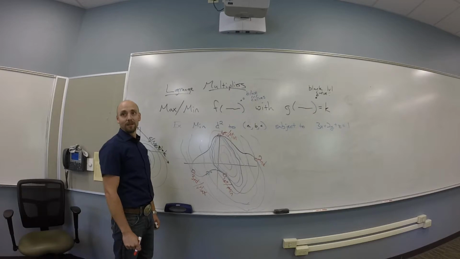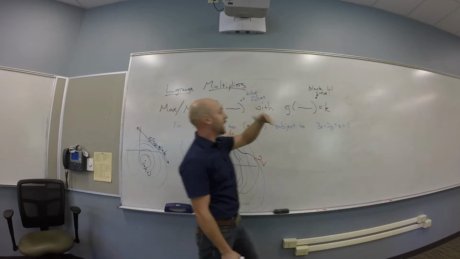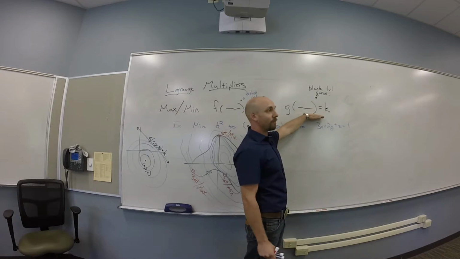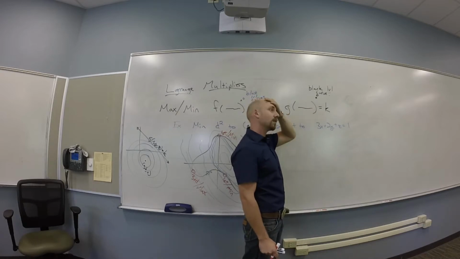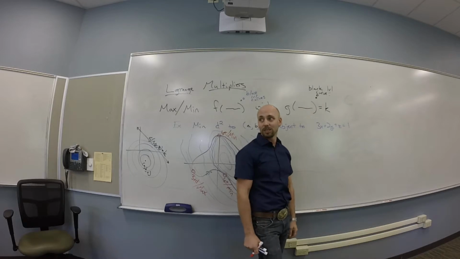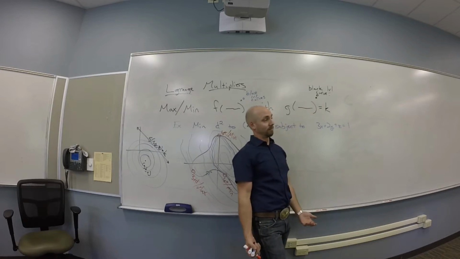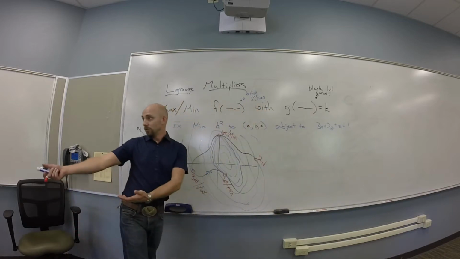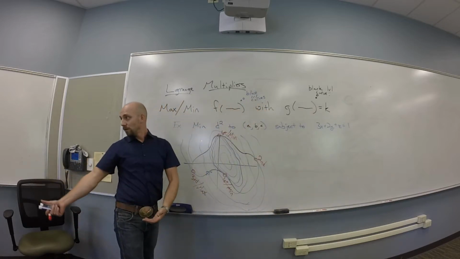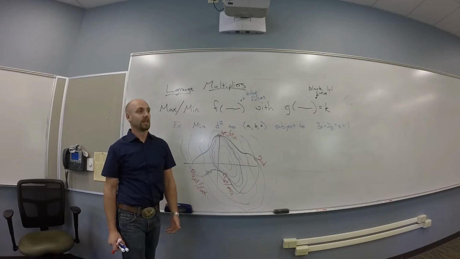So what I have is one function I'm trying to maximize and one level curve that I'm subject to. So how do I make this idea of tangency work in higher dimensions? You take the gradient for both f and g, so you can see whether it's optimized only for f and only for g. You guys see that?